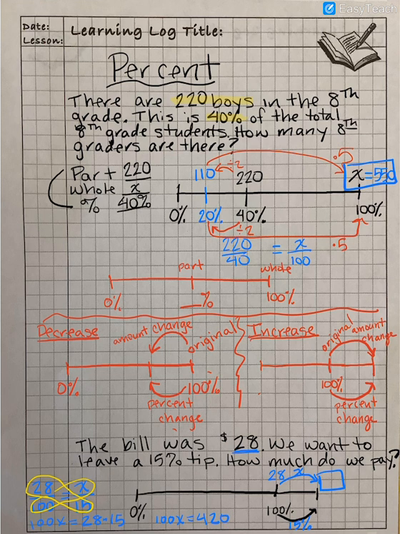So we divide both of those by 100 and we find that our tip is going to be $4.20. So x equals $4.20. To find how much we pay altogether, we are going to add 28 plus $4.20, and we find our total that we should pay is $32.20.